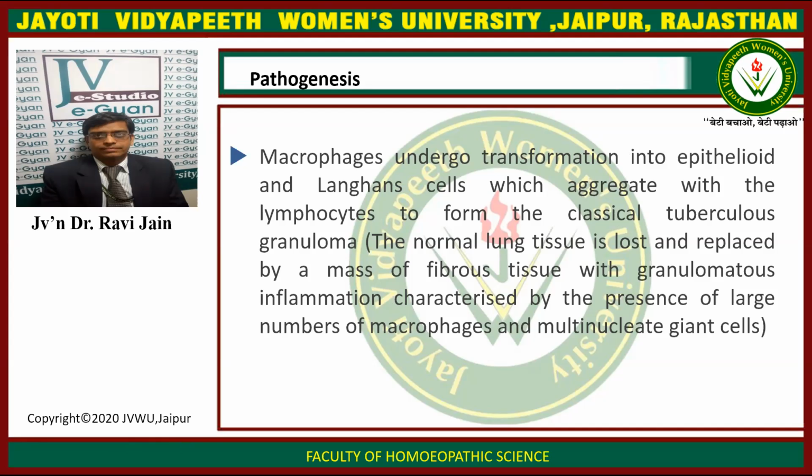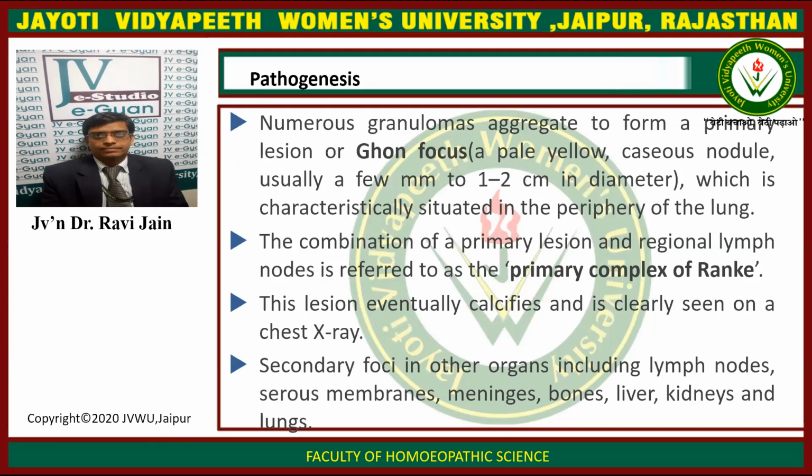The normal tissue is lost and replaced by a mass of fibrous tissue with granulomatous inflammation, characterized by the presence of a large number of macrophages and multinucleate giant cells. Numerous granulomas aggregate to form the primary lesion or Ghon focus.